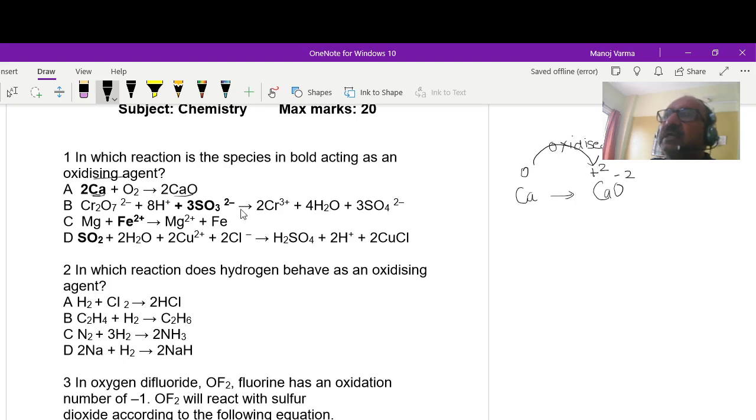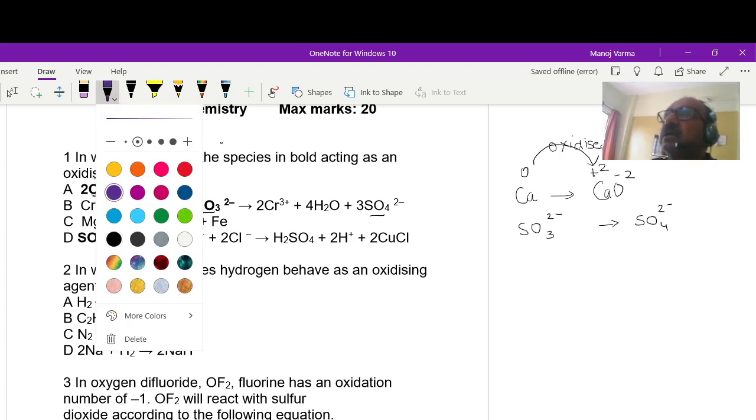Now let's go to the next one. Here the bold species is SO3 2-, and it is changing into SO4 2-. Now, what is the oxidation number of sulfur?